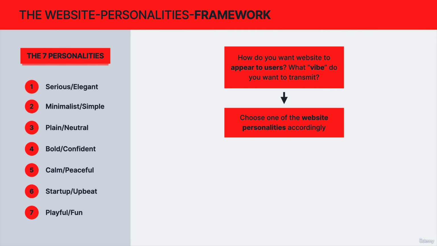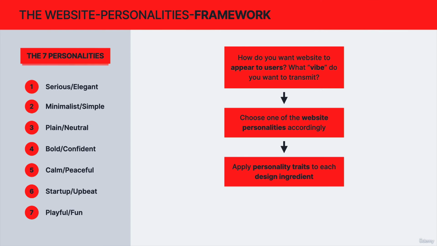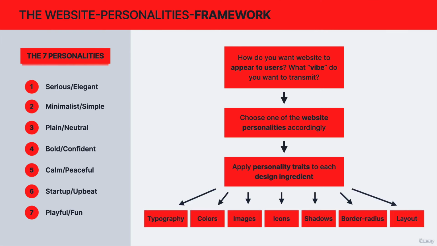For example, the serious and elegant personality doesn't use shadows and doesn't use border radius, while the startup and upbeat personality uses these all the time. Therefore, when we create our designs, all we have to do is apply these personality traits for each of the design ingredients that we learned about.